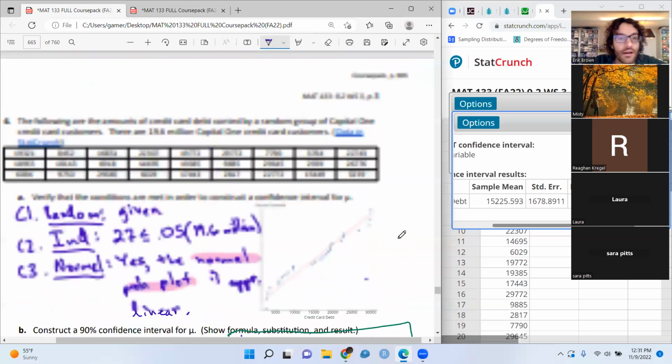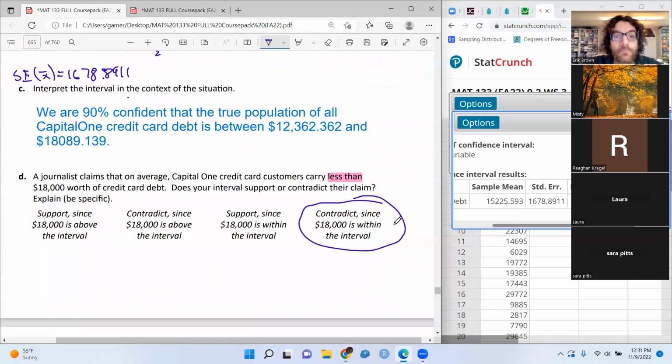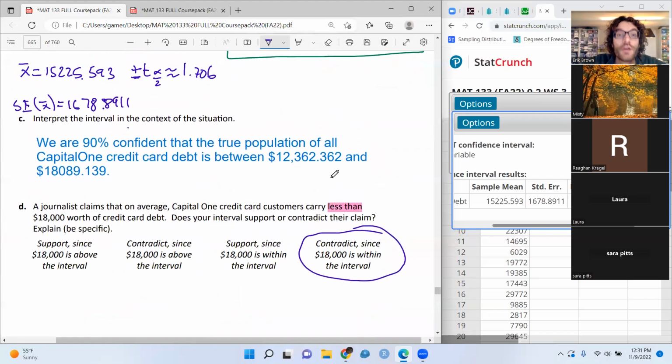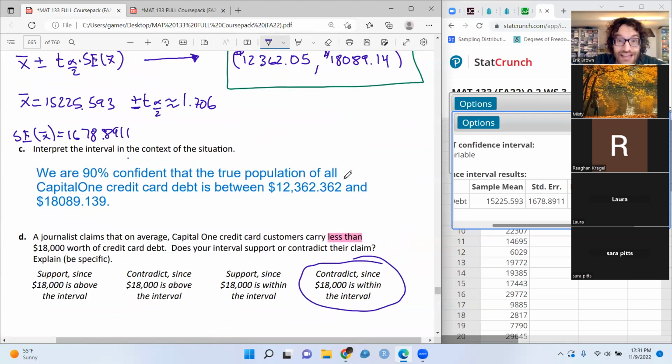Okay, good. So Eric, talk to me. For it to support, it would have to say exactly what the interval is. To support a less than claim, the 18,000 would have to be above the upper limit. And for it to support a more than claim, it would have to be less than the lower limit. And equal to has to be within.